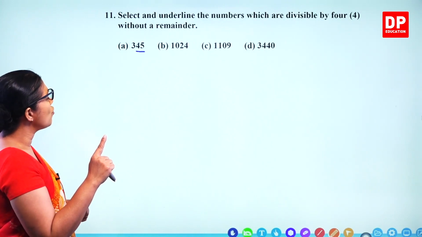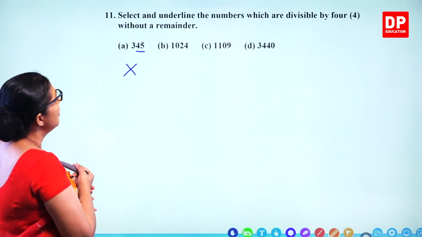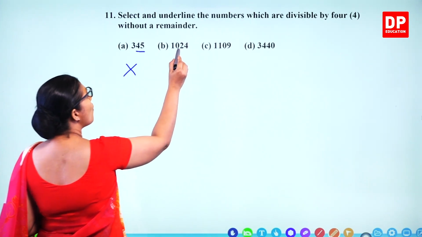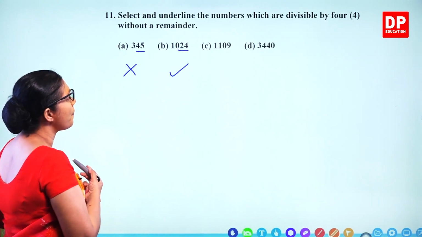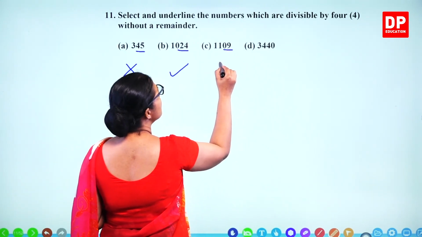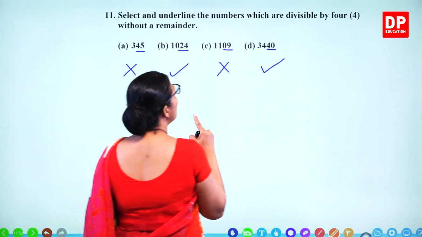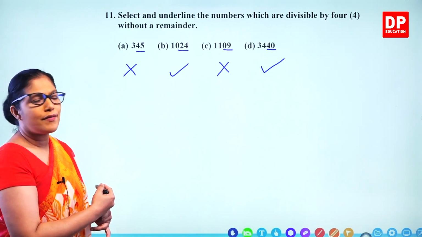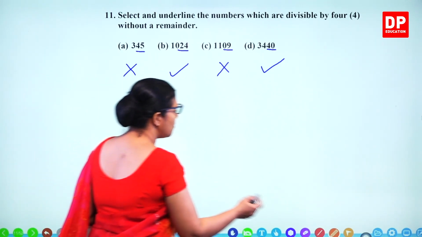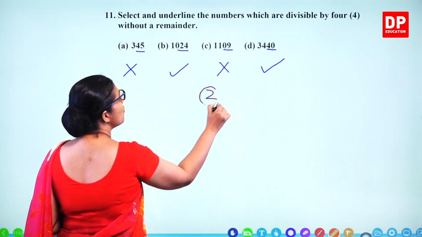So 45 is not divisible by 4. 24, yes, it's divisible by 4. 09, it's not divisible. 40, it's divisible by 4. So you get 1024 and 3440 divisible by 4 without a remainder. 2 marks.